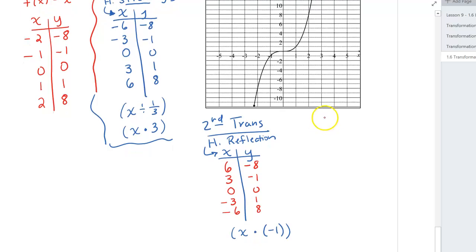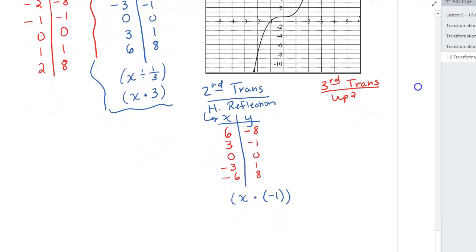And my third transformation is your shift up 2. All right. So since it's up 2, that's going to change y, right? Because up is a y direction. So we're going to take all our y values and add 2 to them.